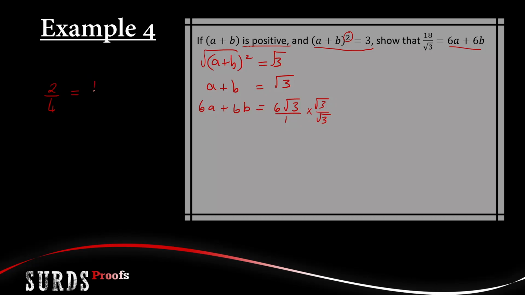Then you get 16 over 32, and these are just equivalent forms. So in the same way, I'm just going to multiply this fraction with the same thing at the top and the bottom. Okay, so therefore we'll have 6a plus 6b will be equal to 6 times 3 over square root of 3. Okay, so therefore we can say 6 times 3 is 18, so 18 over square root of 3 is equal to 6a plus 6b.